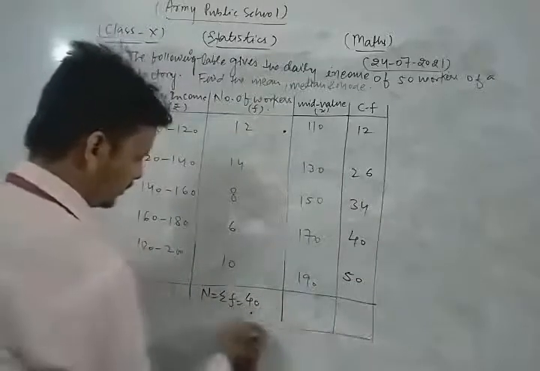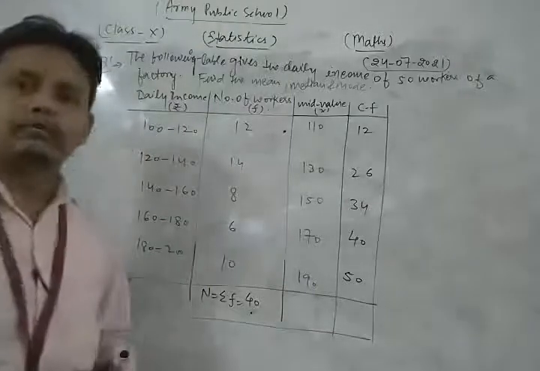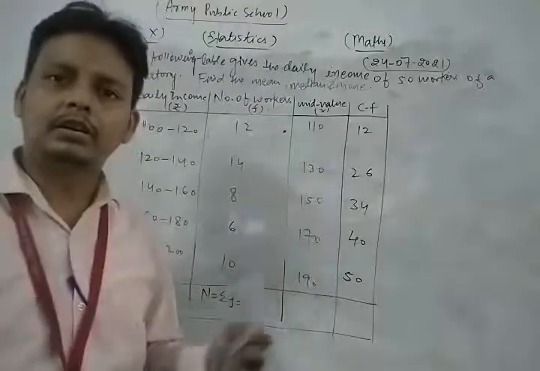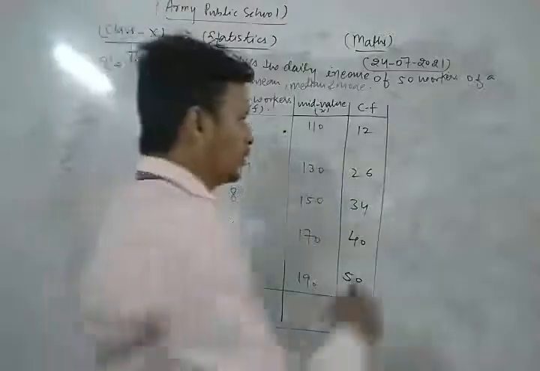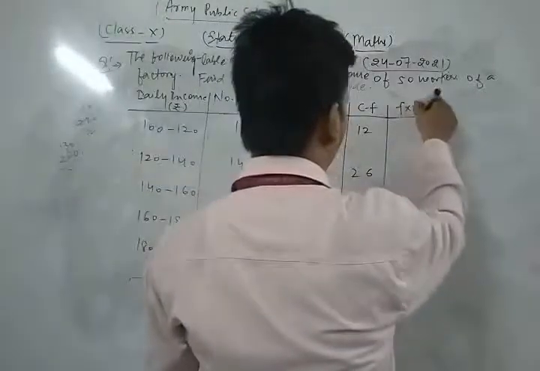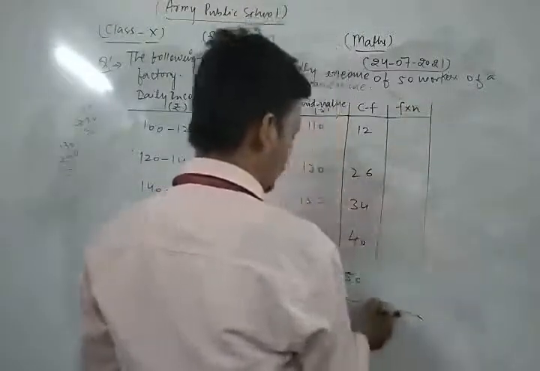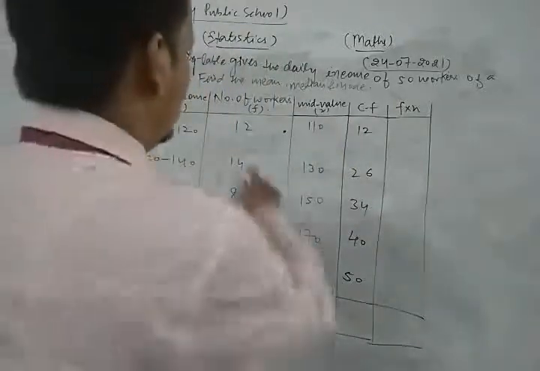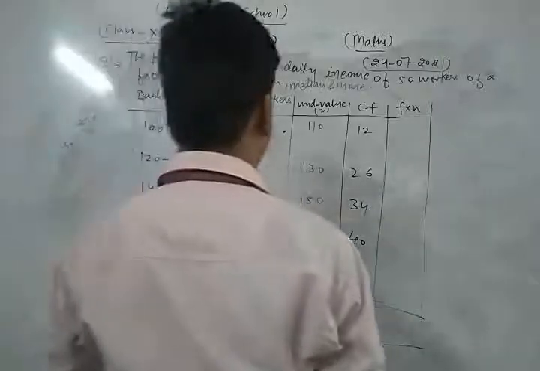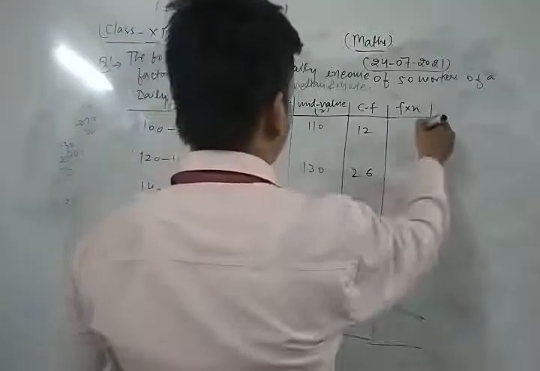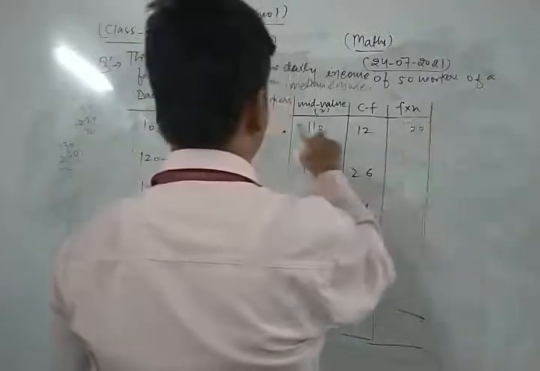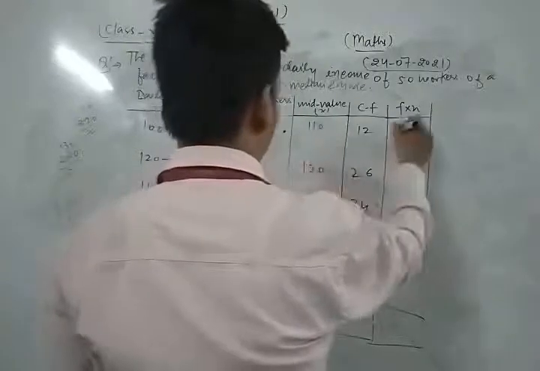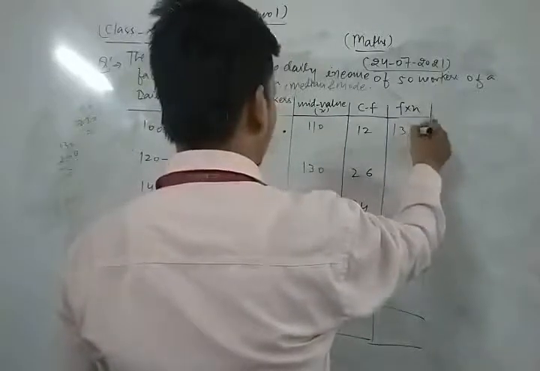Now for finding the mean of the given data, we draw another column for f into x. For f into x we get: 12 into 110 is 1320.